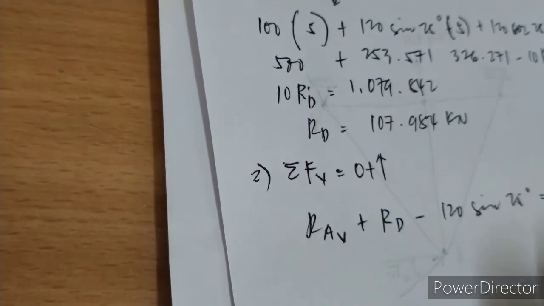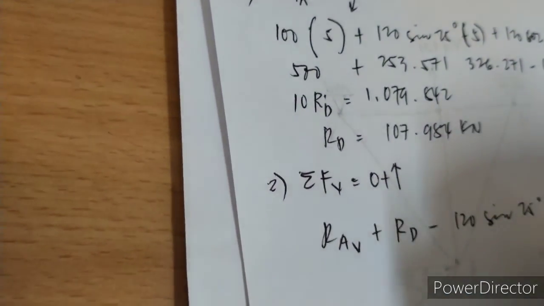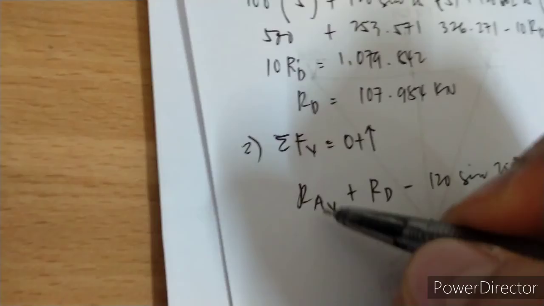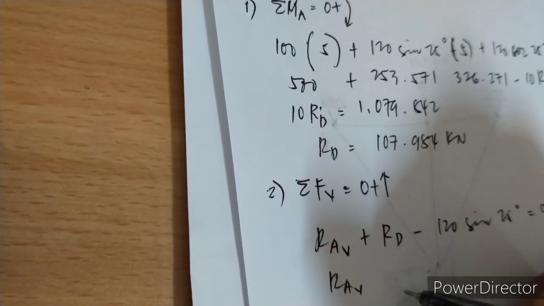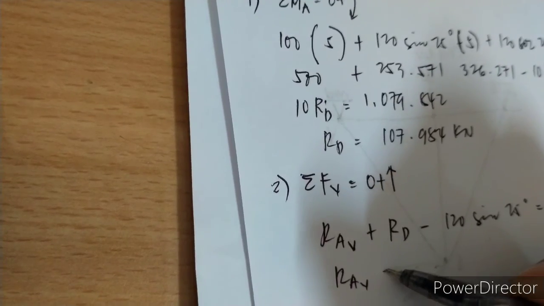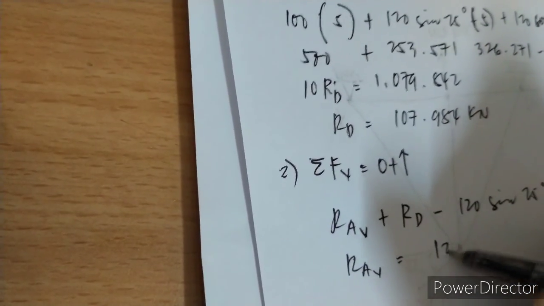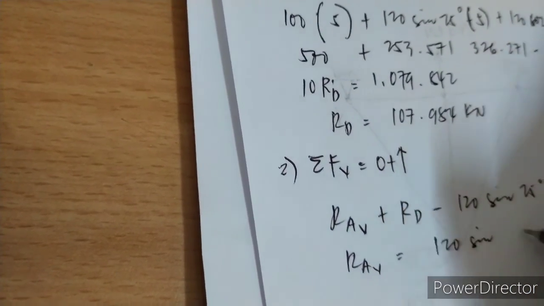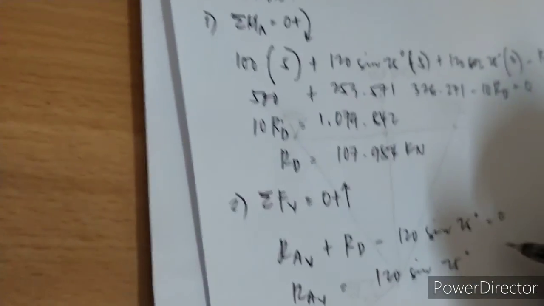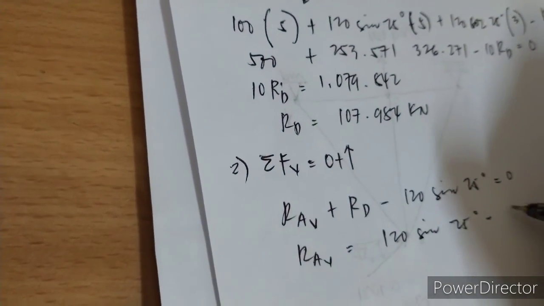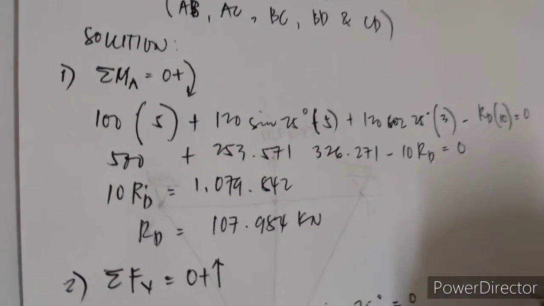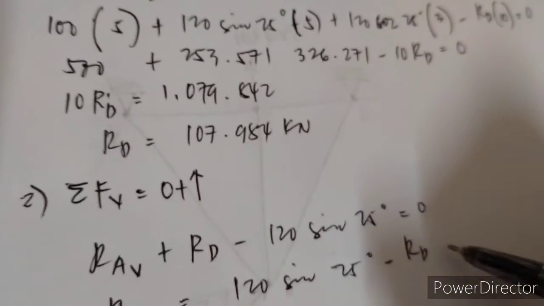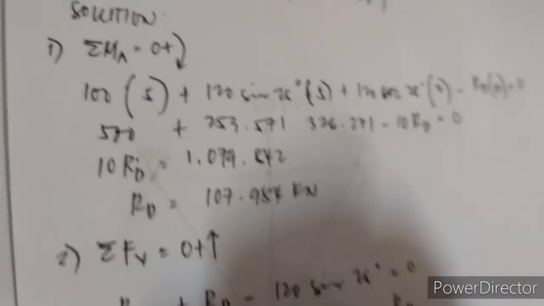So we can now simplify it by having RAV is equal to 120 sine 25 degrees minus RD. We have already computed the value of RD, so we just simply substitute.